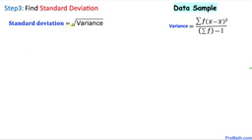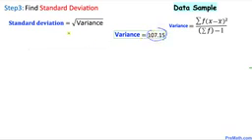Standard deviation is always equal to the square root of the variance, and here is the variance formula over here, and this once again is for the sample data set. And here's the variance value that we figured out in our previous step, which is 107.15.